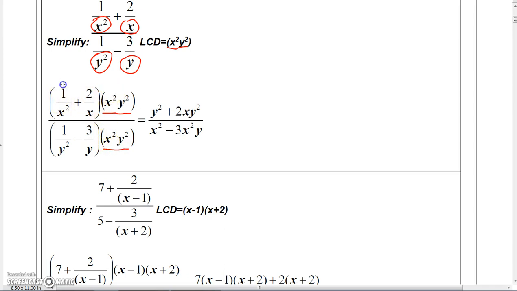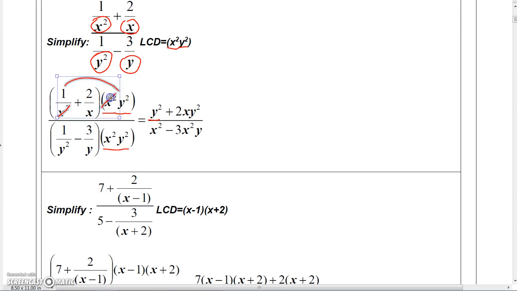If you distribute this x squared y squared through both of these terms, when you multiply it by 1 over x squared, the x squareds will cancel and you just get 1 times y squared, so you just get y squared.